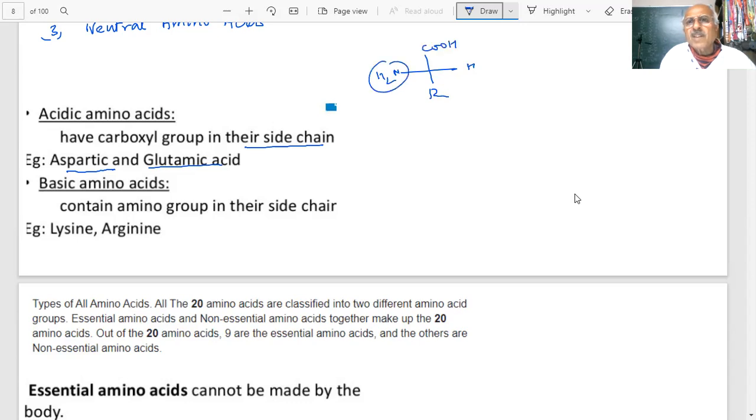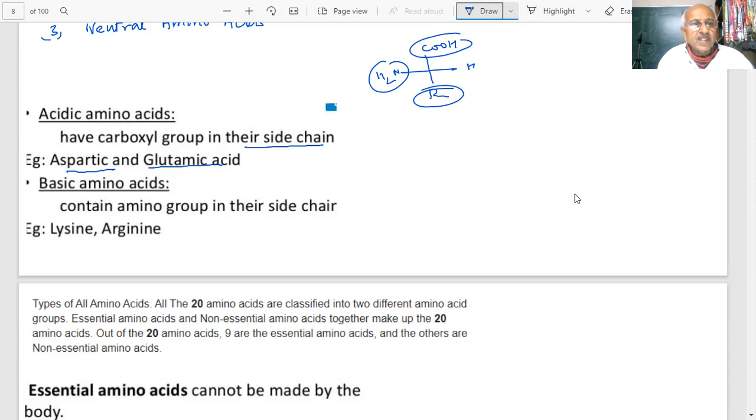These groups are always there, and R can have a carboxylic group. What will happen then? The number of COOH groups becomes more than the number of NH2 groups. These will become acidic in nature. They are called acidic amino acids.